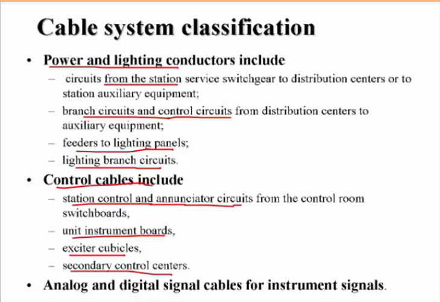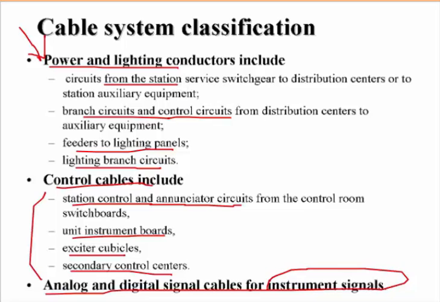Lastly, we have analog and digital signal cables for the instrumentation signals. So there are different types of cables going from the top down. There's the power, and then on the control side the analog and digital signal cables, which are also of lower power rating compared to the power cables.